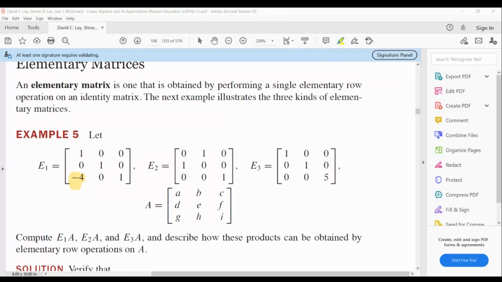So in other words, let me go to the board here. Here's the I sub 3.